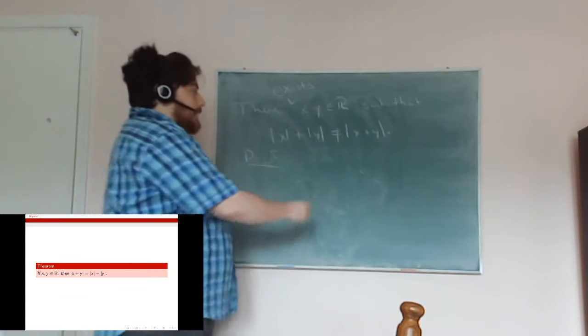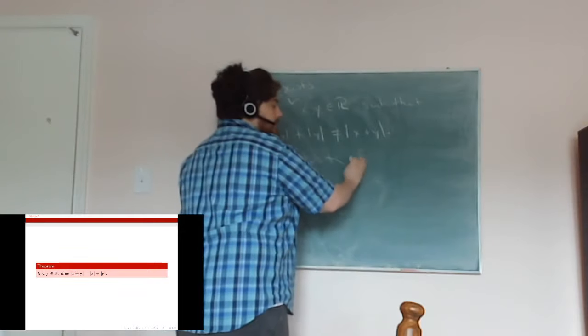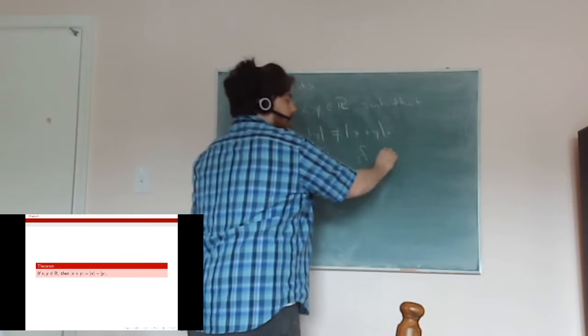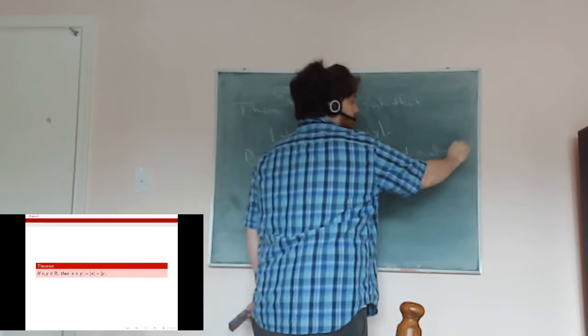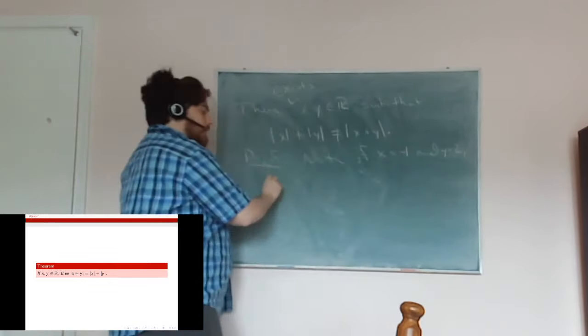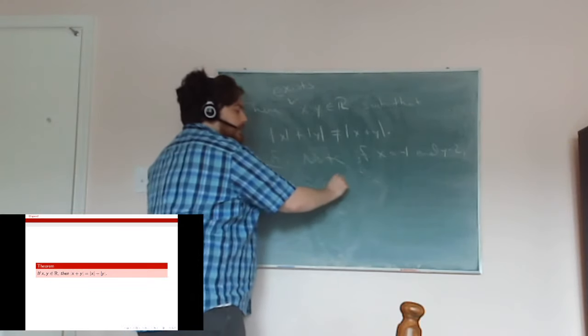So what we would just say here is, note, we've already had the example, so let x equal -1 and y equal 2. Then we do have that x and y are real numbers.